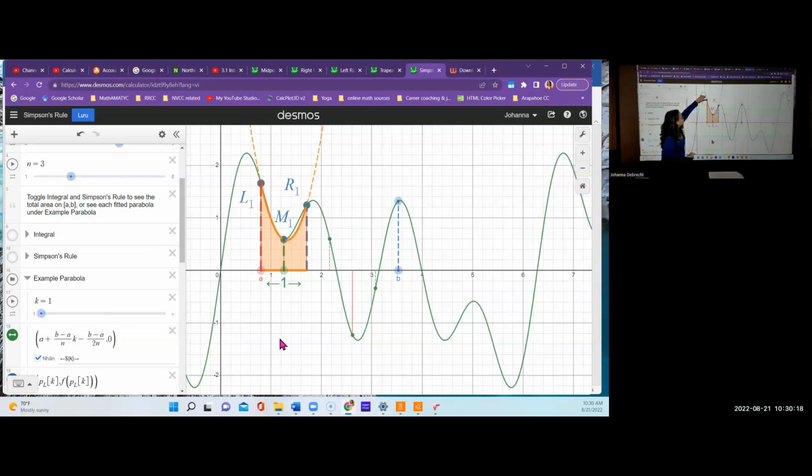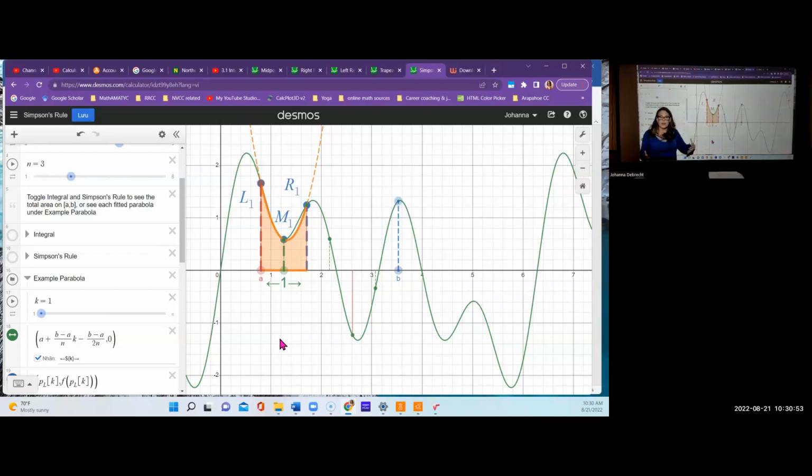And you can see where those vertical line segments intersect the function, and it gives you the far left, the far right, and the point in the middle. Those 3 points have a parabola that goes through them. Actually, they have infinitely many, but there's one obvious one. And we can use algebra to solve for that. And then we can actually, believe it or not, use algebra to compute the area under the curve of this parabola. So we're actually able to use algebra to find this without using calculus.